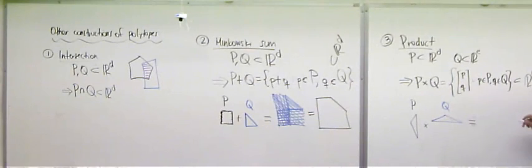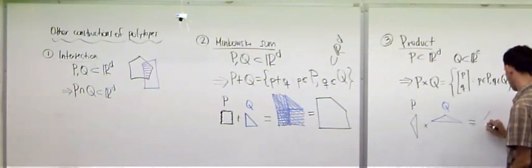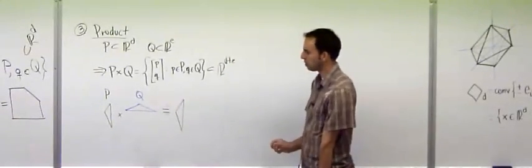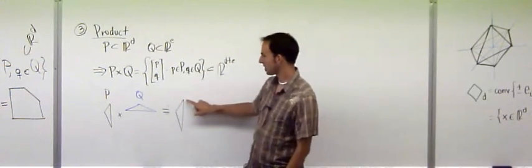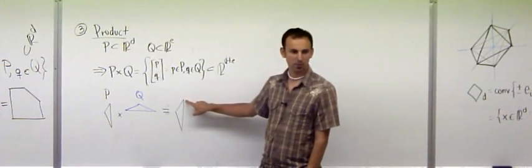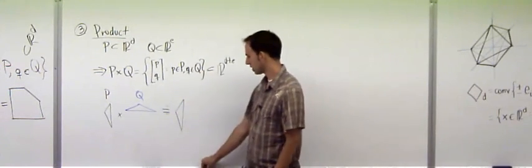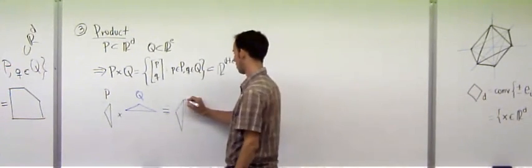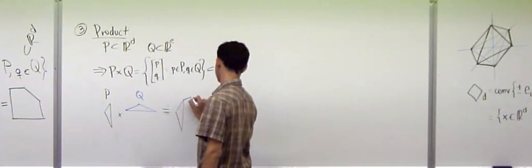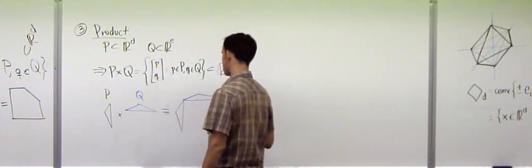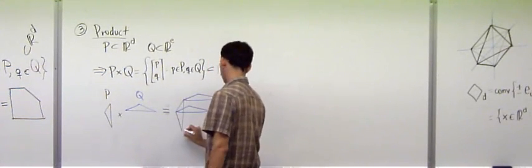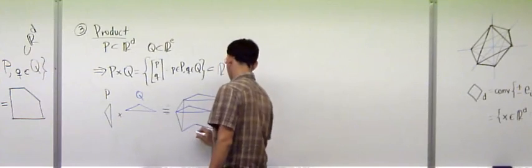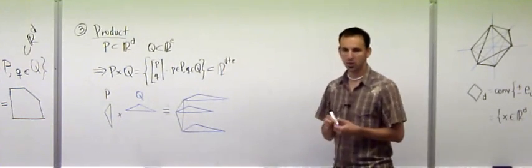So the way that you can do this is that you can draw your polytope P, and then on each vertex of P, you're going to draw a copy of Q hanging from there. Okay. So here you're going to draw a copy of Q. Here you're going to draw a copy of Q. Here you're going to draw a copy of Q. Okay, one on each vertex.